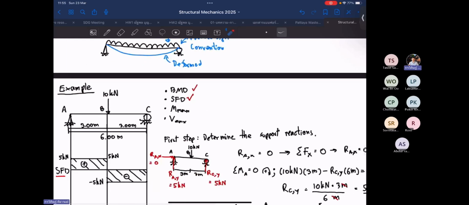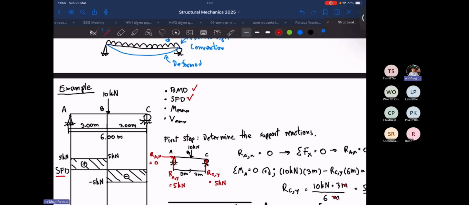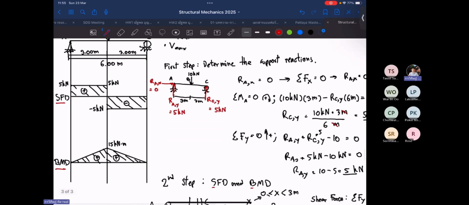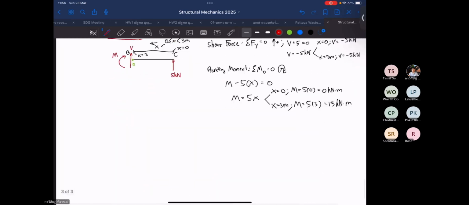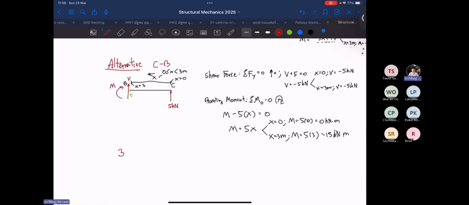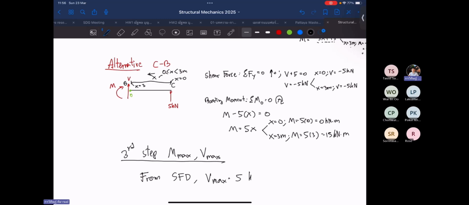Then once you know the bending moment diagram and the shear force diagram, you can determine the maximum bending moment and maximum shear force. In this case, third step: maximum bending moment and maximum shear force. You can say that from shear force diagram, V max equal to 5 kilonewton.